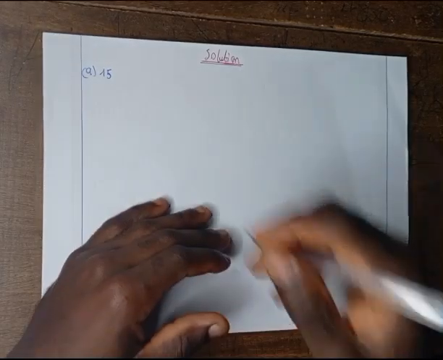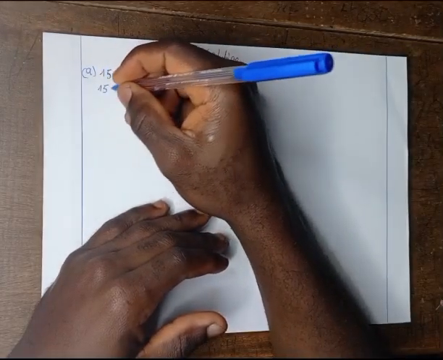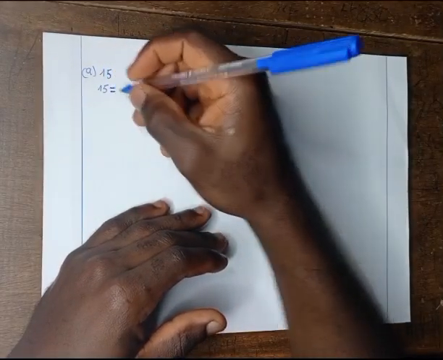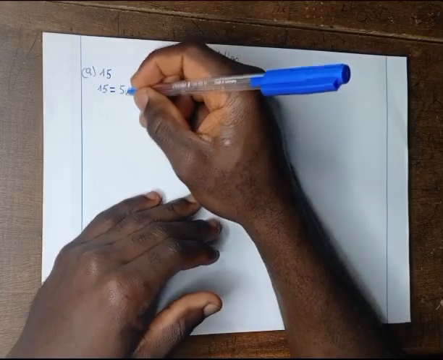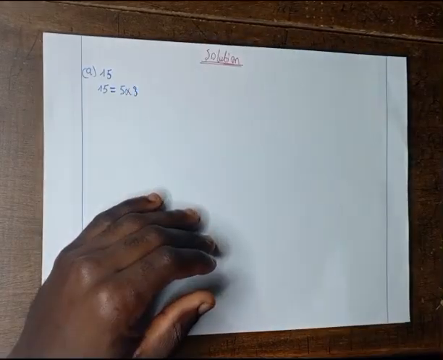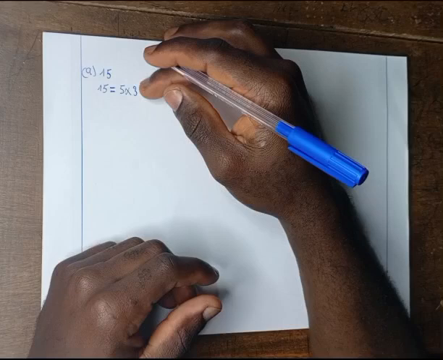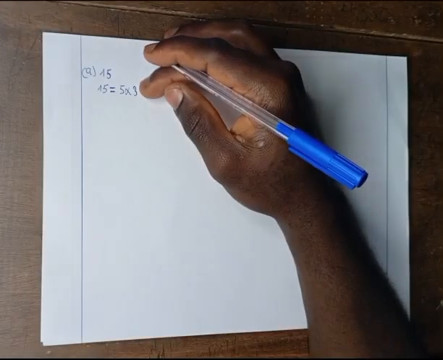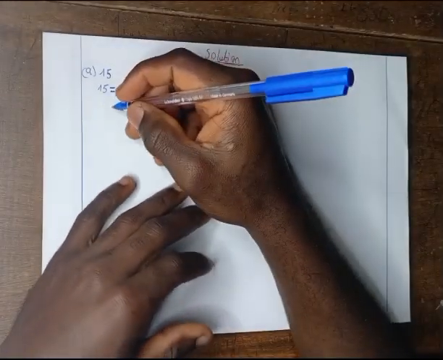First, the number 15 can be expressed as a product of two different numbers. We can express 15 as 5 times 3. In this case, 15 is a rectangular number. The length has 5 dots and the width has 3 dots.